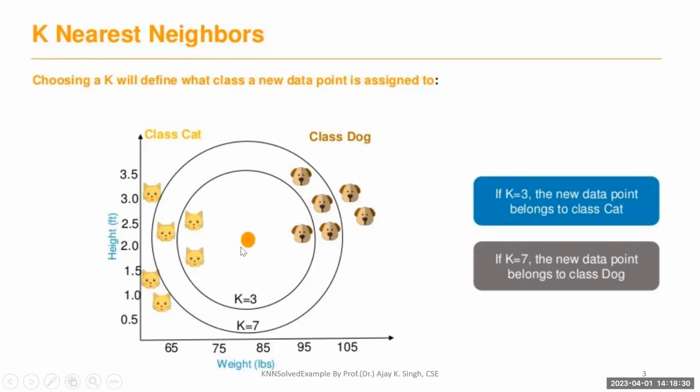By using any of these, you can calculate the distance of this test data from the different data already present. I want the distance of this test data with all the points, so that I can calculate the 3 nearest points or 7 nearest points. This is how we are calculating.